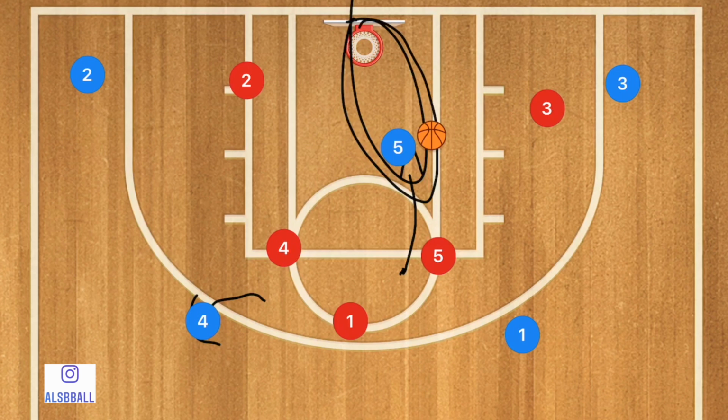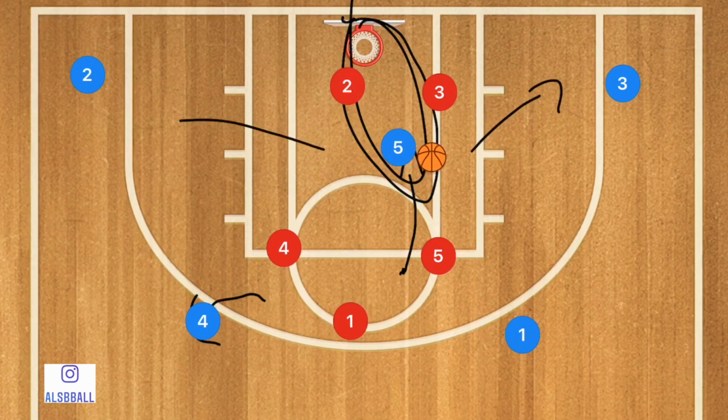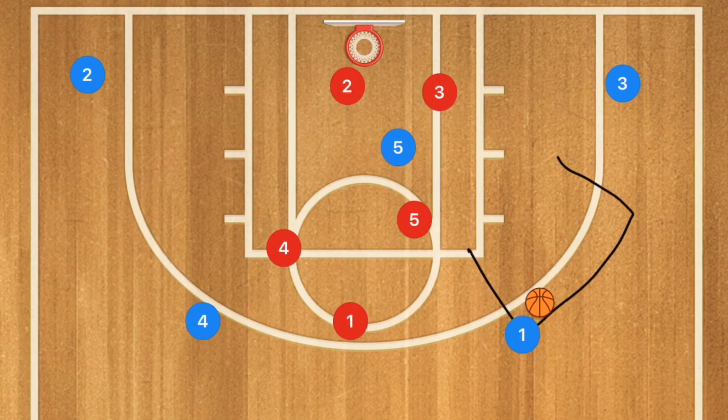However, when player 5 gets that ball down low, he may be bringing in other defenders, either player 3 or player 2. If that's the case, whichever player he draws down, he can kick it out to one of those two players. That being said, he may also have player 1 open to take a mid-range or possible 3-point shot.